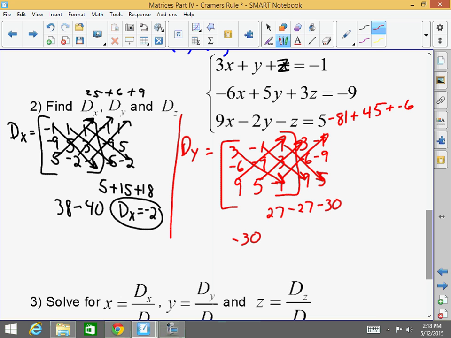Okay? So I've got negative 87 plus 45. Yeah, negative 81 and negative 6, negative 87 plus 45. That's negative 42. So minus a negative 42. So my dy is 12. You guys with me here?